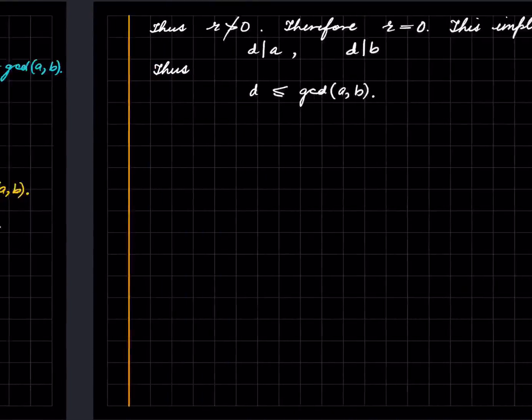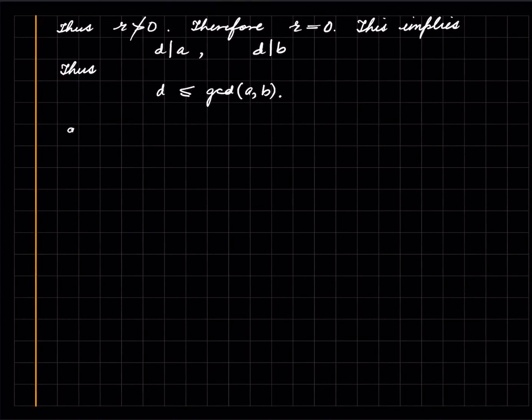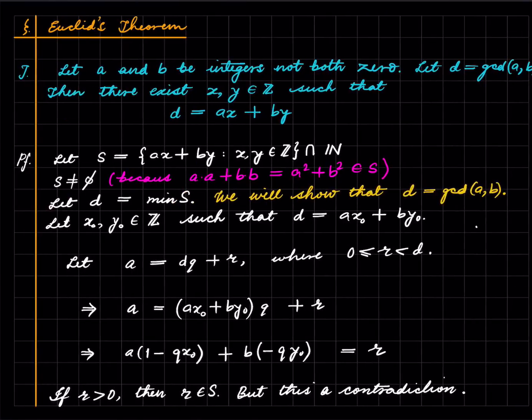And now, GCD of a comma b divides every element of S. Why is that? GCD of a comma b divides a, and GCD of a comma b divides b.